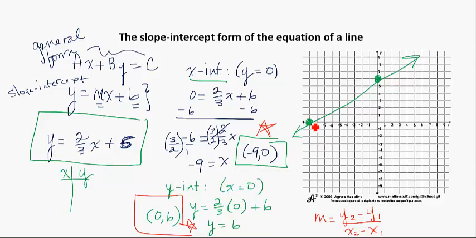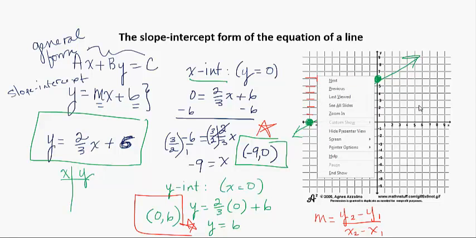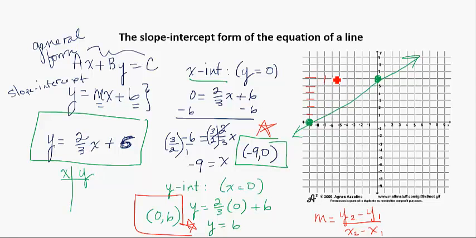To go from this leftmost point, I would go up 1, 2, 3, 4, 5, 6, and right 1, 2, 3, 4, 5, 6, 7, 8, 9, giving me a slope of 6 over 9, which can be reduced to 2 over 3.